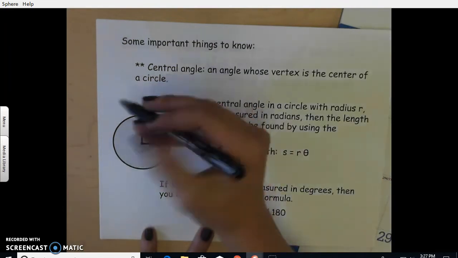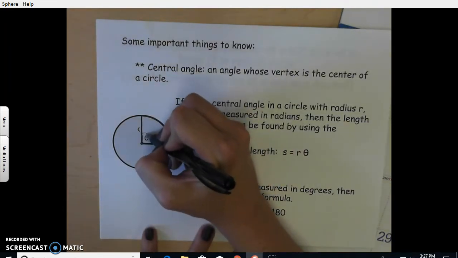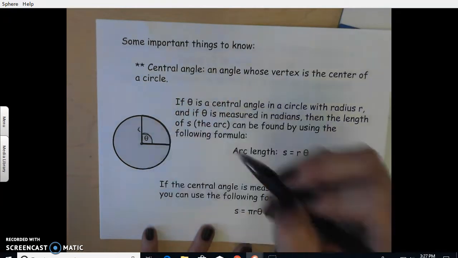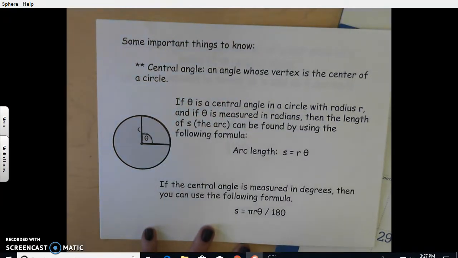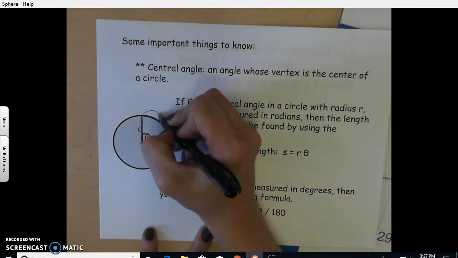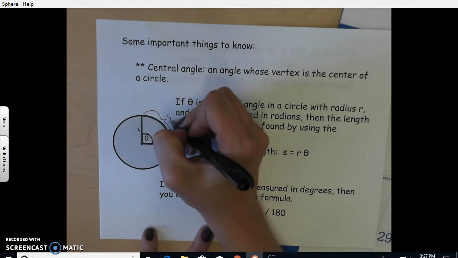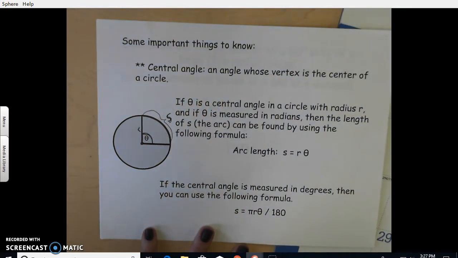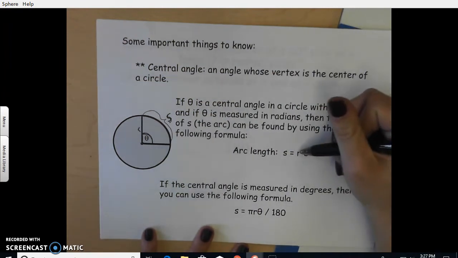This is theta, which is describing this angle right here, which would be our central angle. Then the length of S, or the arc, which would correspond to this length here as S, can be found by using the formula, arc length. S is equal to r theta.